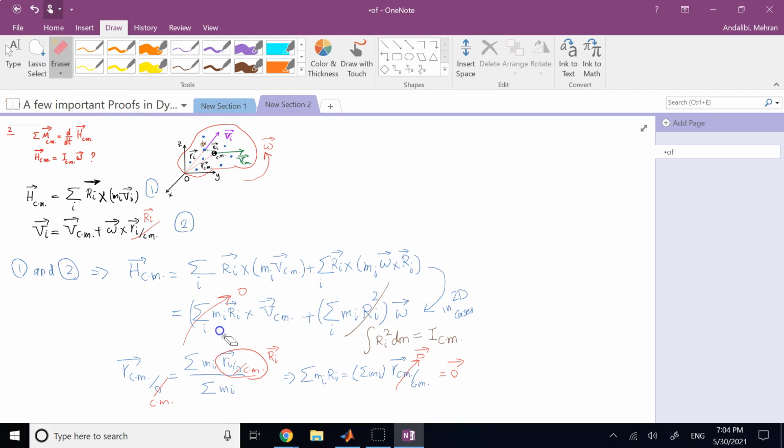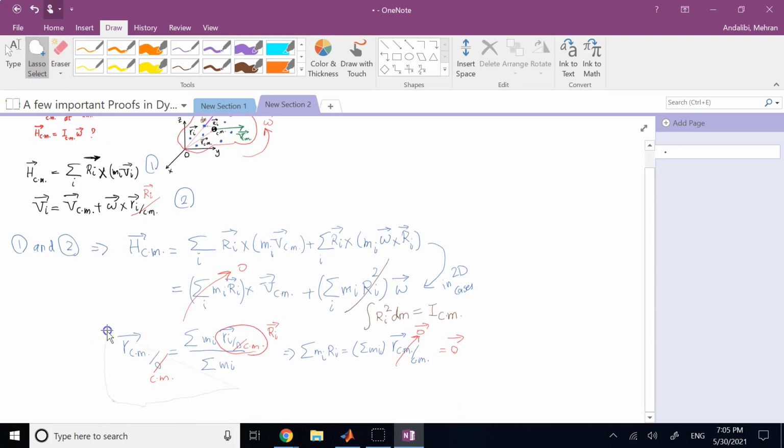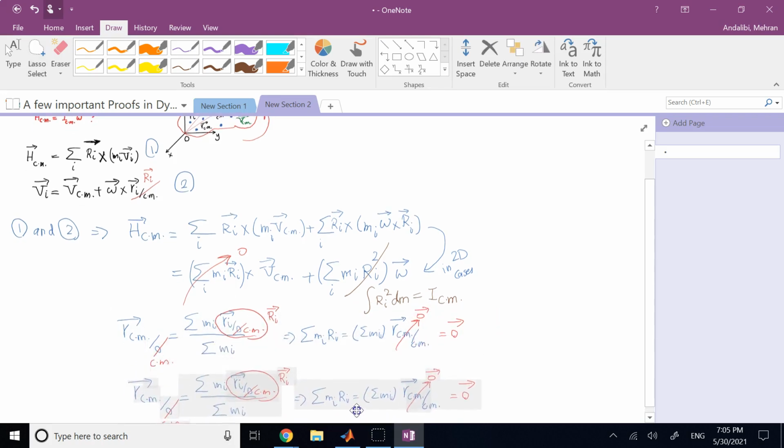So in a 2D case, it is not such a hard thing to show that I can write my angular momentum of the system with respect to the centroid as mass moment of inertia with respect to the centroid times angular velocity.